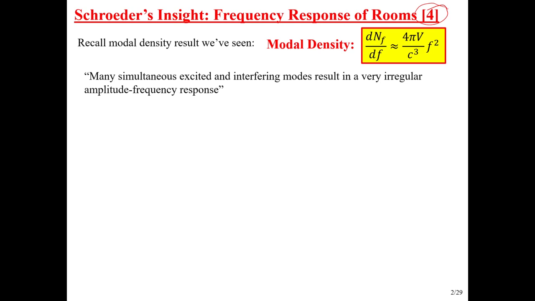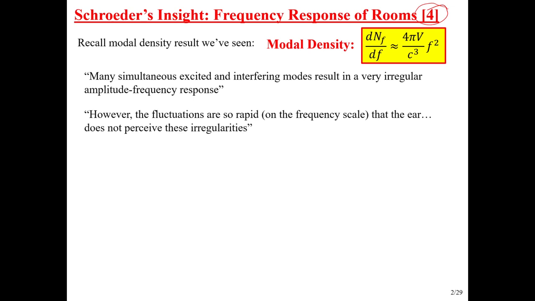So he's just pointing out that if you look at the frequency response, it's very irregular, but it's on average flat. Even though you have all these ups and downs, they're very closely spaced. That's the other thing that he comments on.